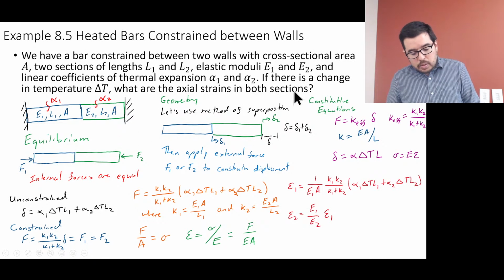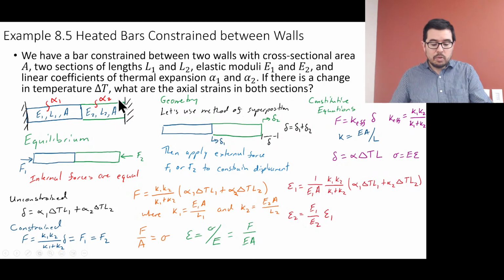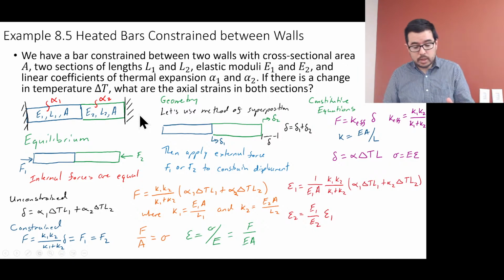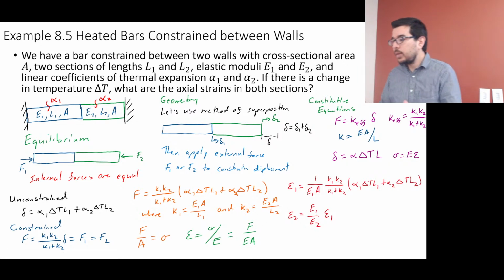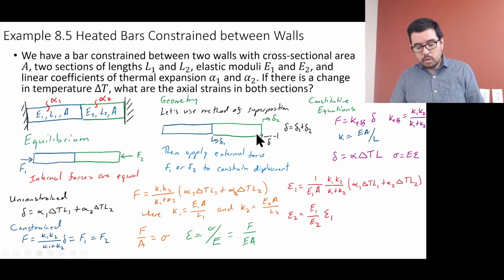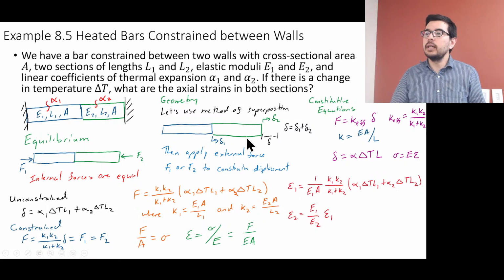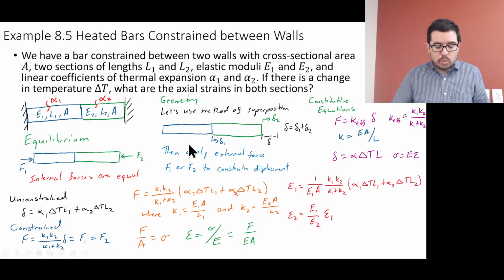So, let's use the method of superposition. Let's say we remove one of the walls, and then we're going to let this thing expand, and we're then going to apply a restoring force. Thinking about it geometrically, we have our three categories: equilibrium, geometry, and constitutive equations.